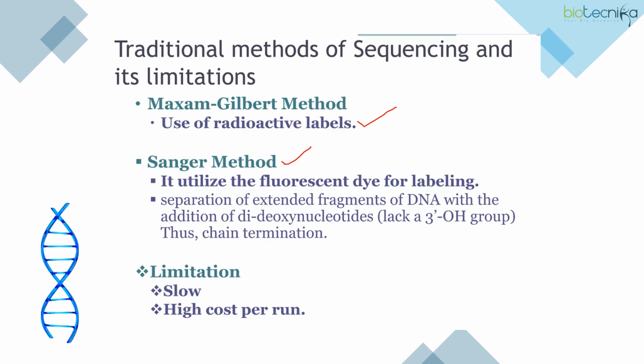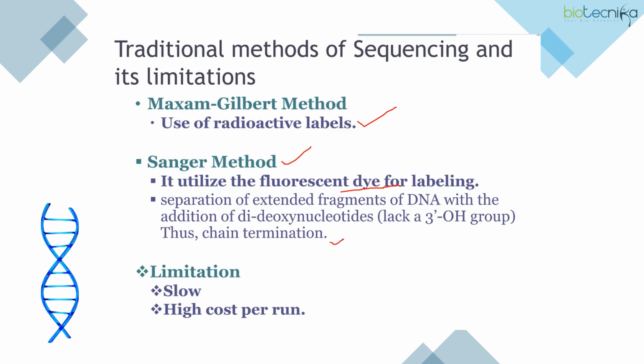What exactly does Sanger sequencing do? The principle is that it utilizes a fluorescent dye for labeling the DNA fragments. Once that is done, the separation of the extended DNA fragments occurs, with the addition of dideoxynucleotides lacking the 3-OH group, and then chain termination occurs.